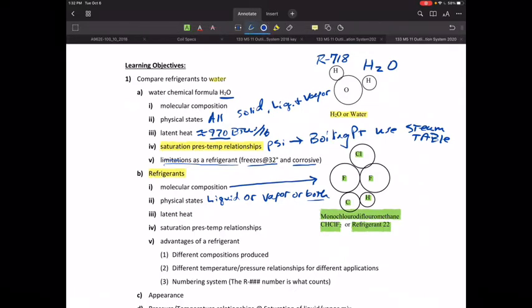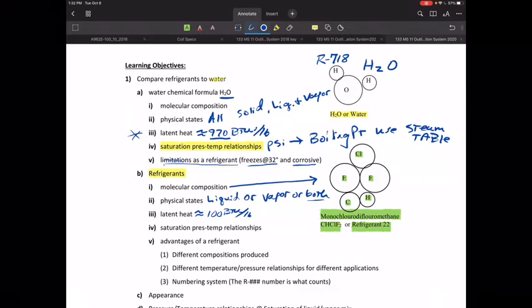So the latent heat. Latent heat for refrigerant 22. A lot of the refrigerants that we use in our industry don't have the incredible amount of energy that you saw in water. The latent heat that we typically expect to see in refrigerant 22, as an example, is right around 100 BTUs of energy per pound, which is a ballpark number that we'll use.